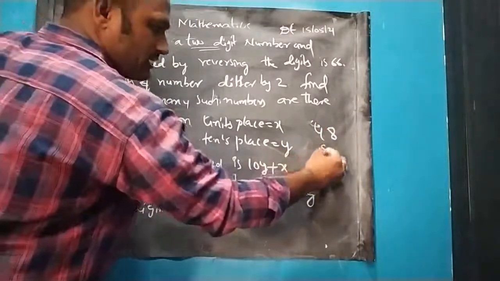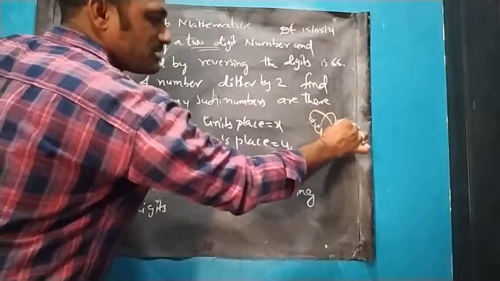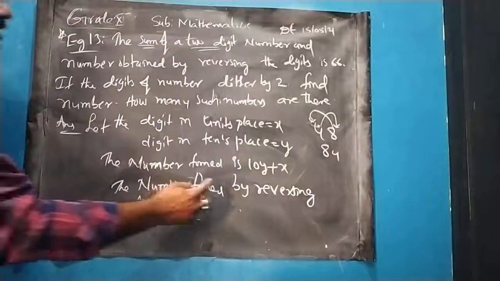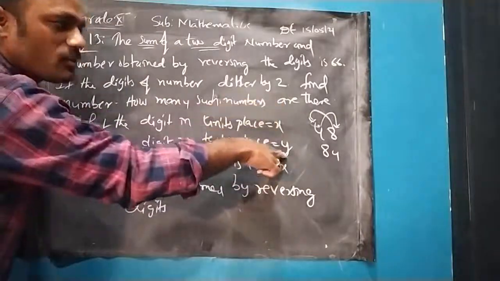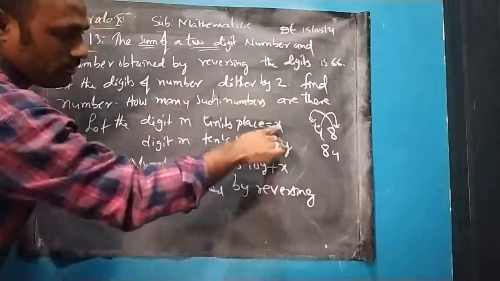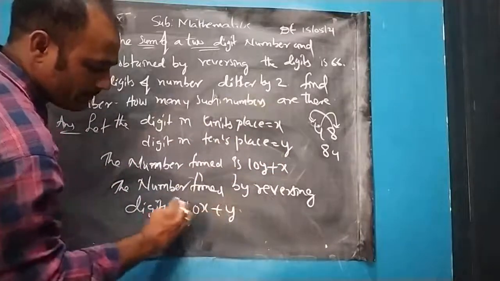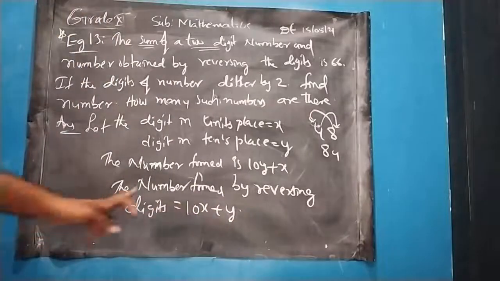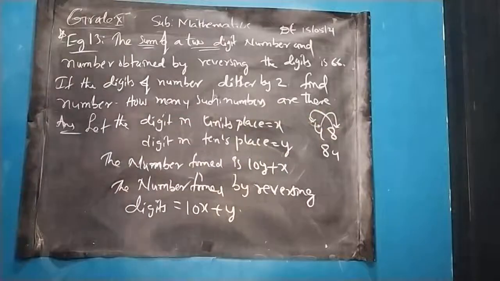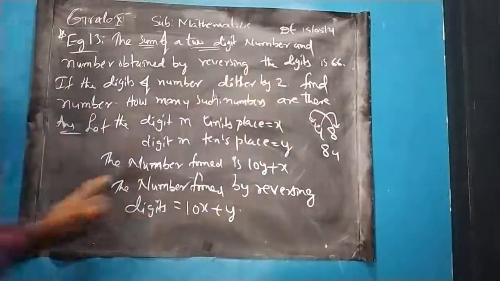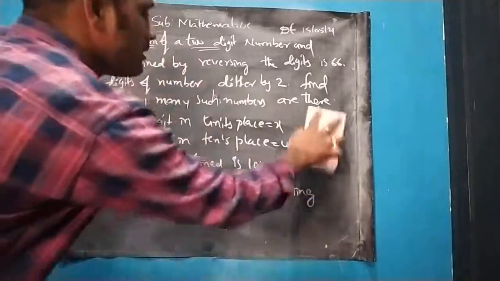If I am reversing the digits, it means ones place is coming to the tens place and tens place is coming to the ones place. Here what is there in the ones place? x. x will come in tens place, y will go in ones place. So what it will become? 10x plus y. That is the meaning of interchanging, means reversing that number. That's what is happening in general that we are writing in words. This is about the total that is there in the question.